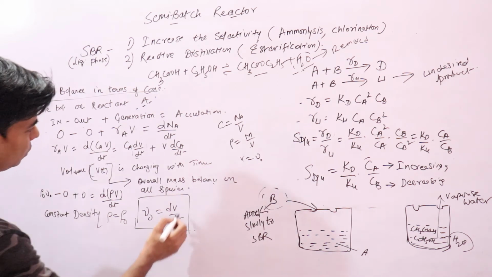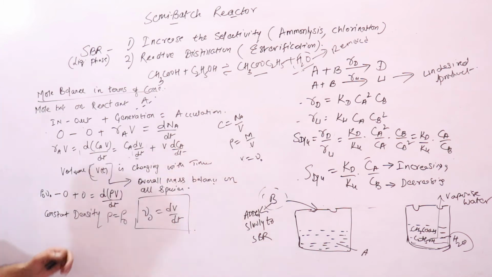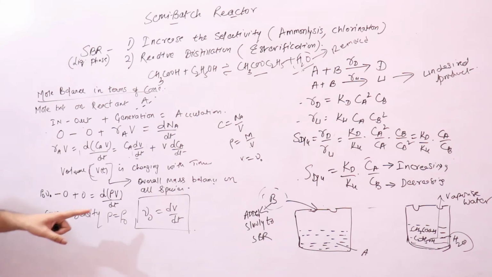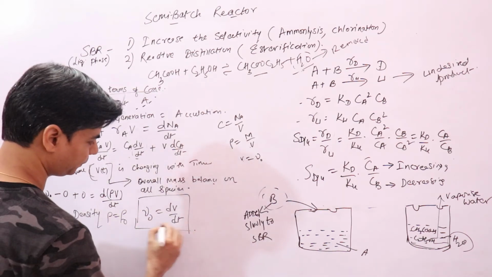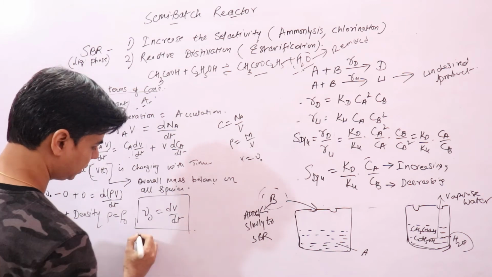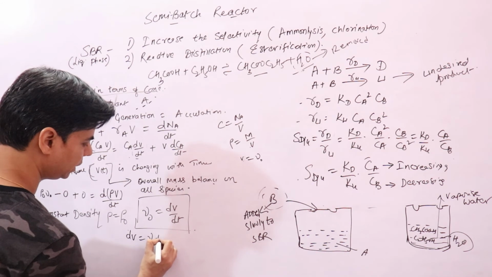Now we will substitute this value in this equation. Let's see what we will get. First let's solve this equation. We can solve this equation, we can integrate it. It would be dV equals nu 0 dt.